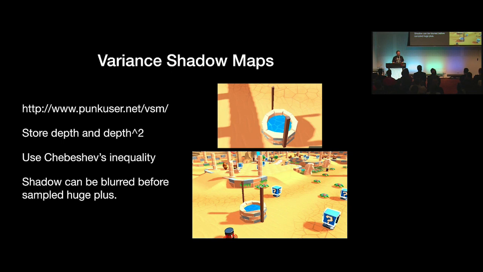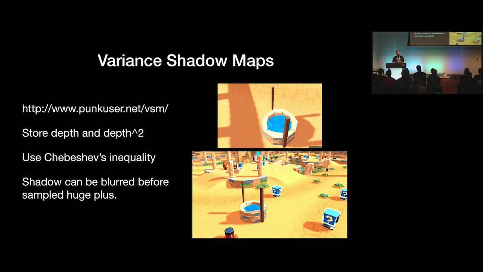So we can take those 2 shadow maps and blur them before we sample them. I said you're not supposed to blur shadow maps, but you can in this case, because it uses something called, I don't know how to pronounce this, Chebyshev's inequality. You can look a bit more into that at the link above. What this basically does is it lets you pre-blur a shadow map.